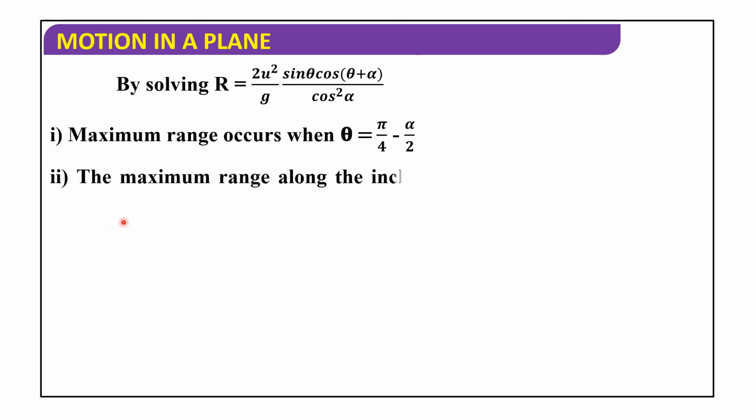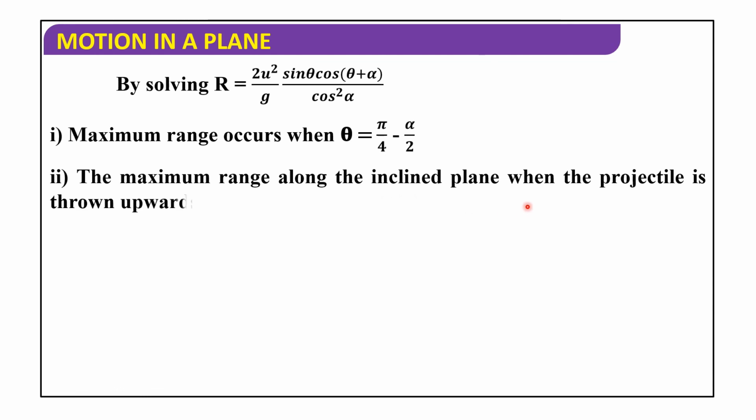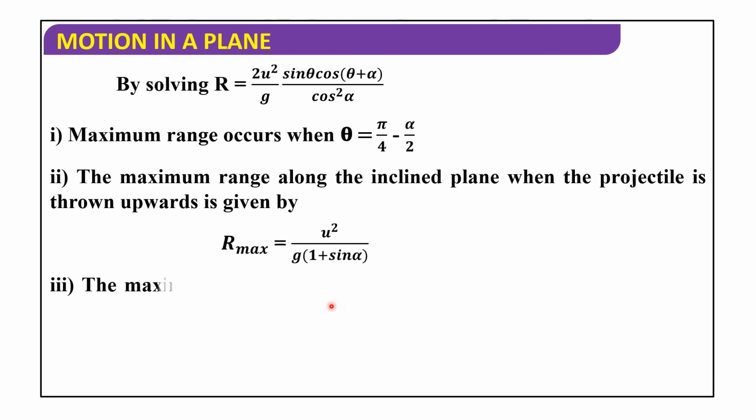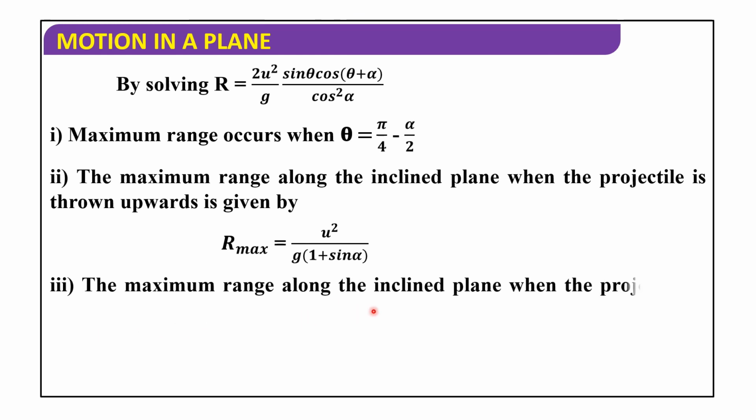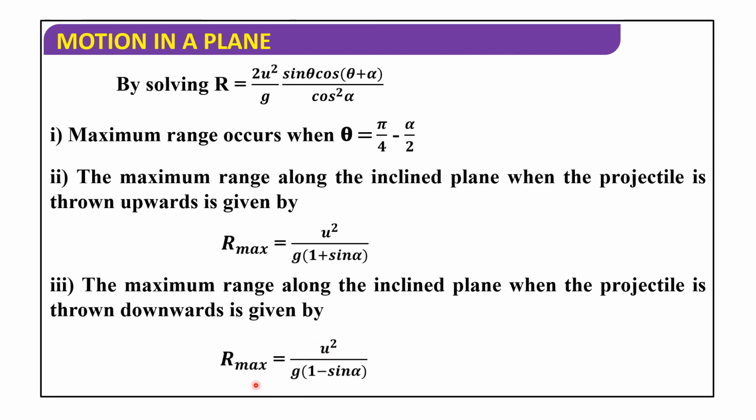So the maximum range along the inclined plane when the projectile is thrown upwards is given by R maximum is equal to u square by g into 1 plus sin alpha. The maximum range along the inclined plane when the projectile is thrown downwards is given by R maximum is equal to u square by g into 1 minus sin alpha.